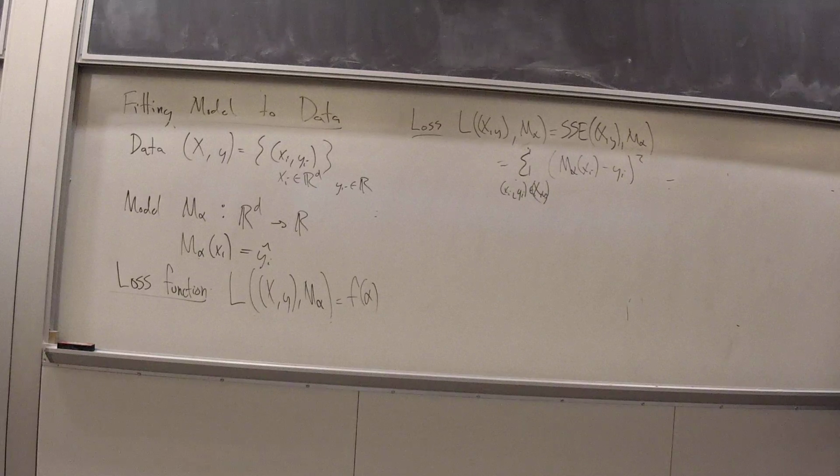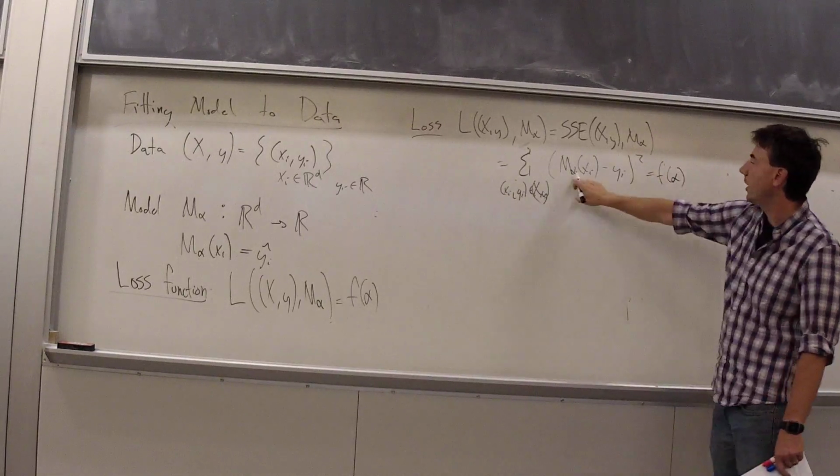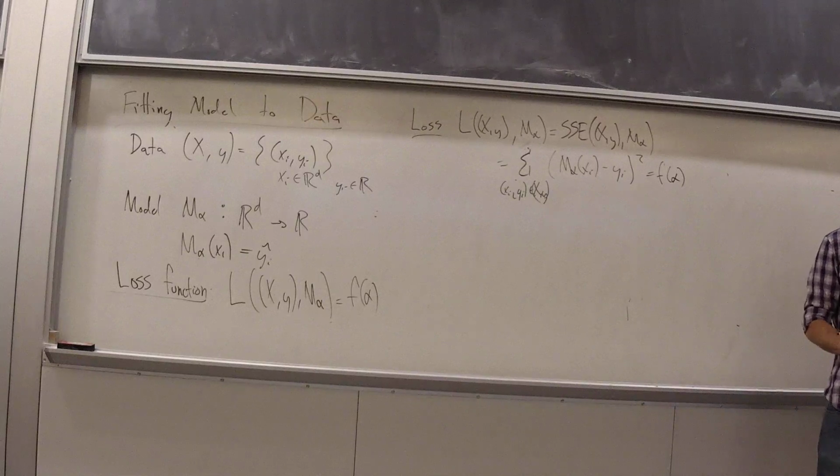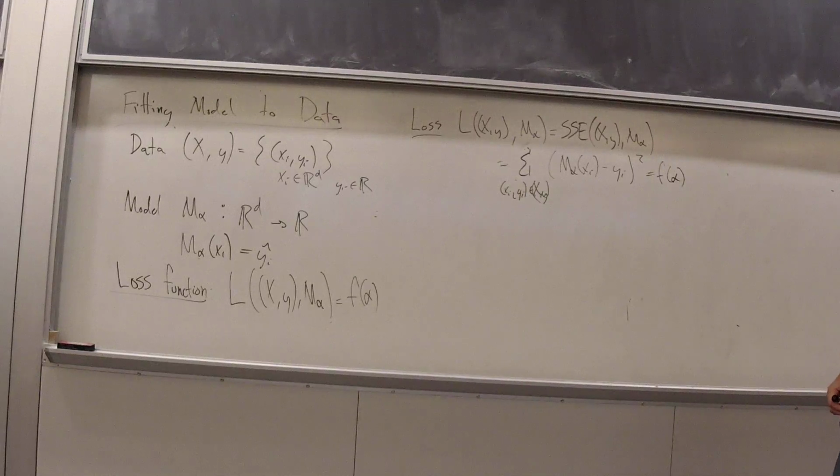Okay, so this is a choice of the loss function. This is the sum of the squares loss function. And remember, we're setting this equal to f alpha. Alpha shows up in the model here.